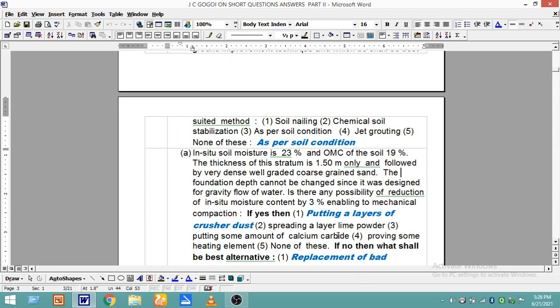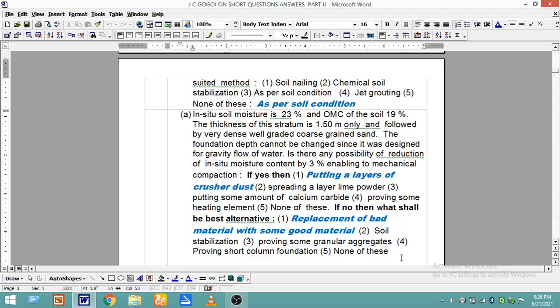Now, if no, what shall be the best alternative? In the same question, the same condition, there are two options given. If yes, then one answer. If no, what shall be the alternative?